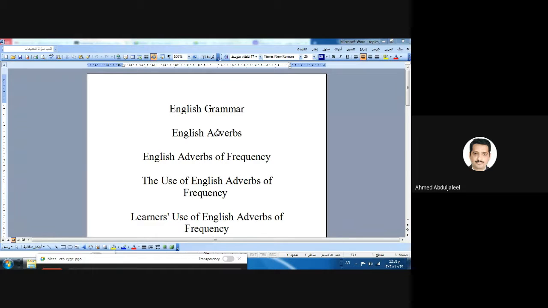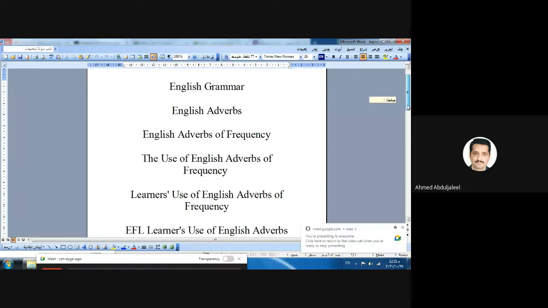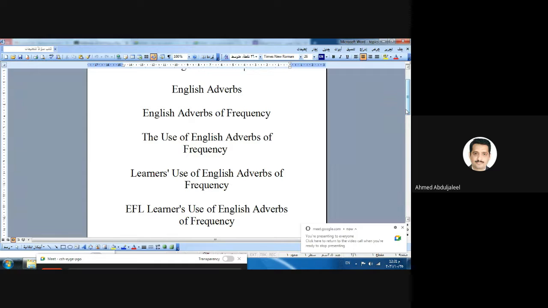We have to decide what type of learners. And then we have another limit, that is EFL learners' use of English adverbs of frequency. You got the point now? Clear? So we limit the type of learners. We are not behind native speakers. We are talking about foreign learners, just like you. Okay, is it okay?